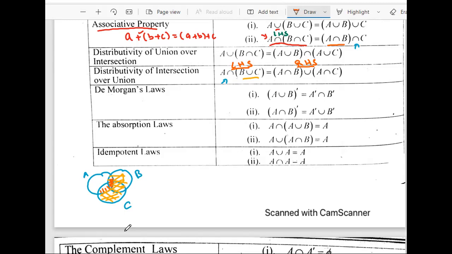Which question? Yes, this side. Try making a Venn diagram for this one and just see if you're getting the same orange region or not. Okay.